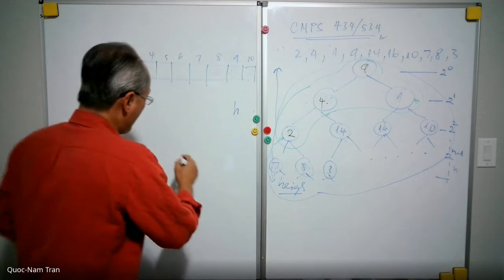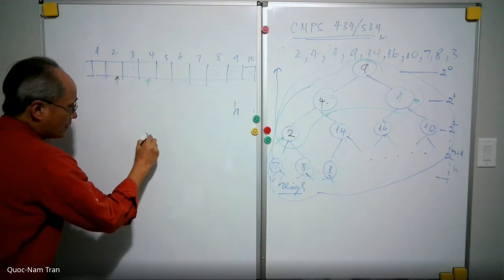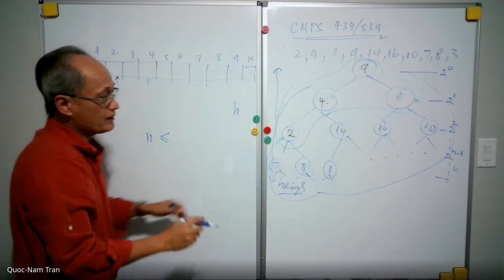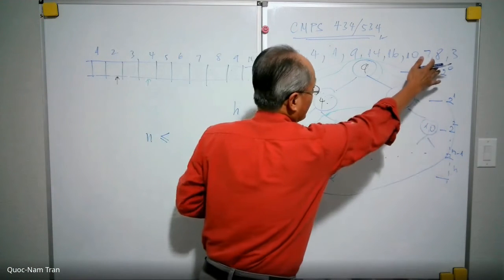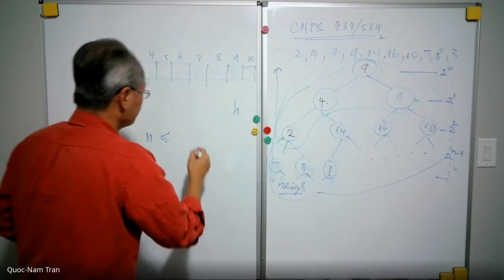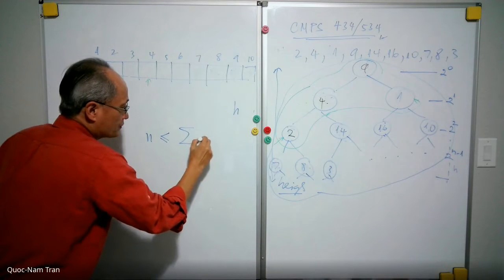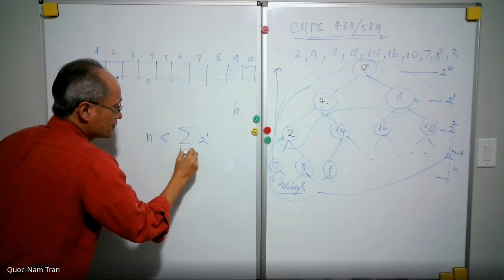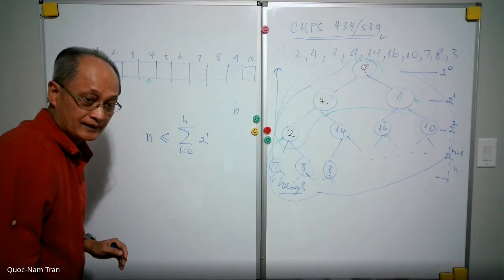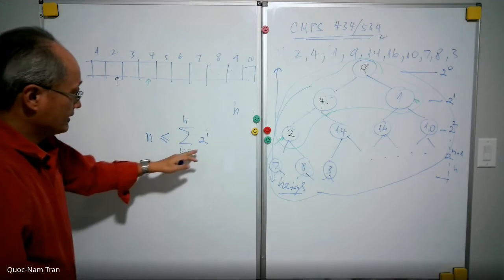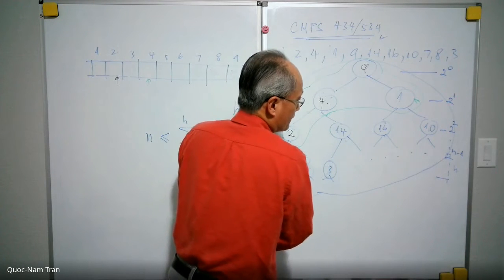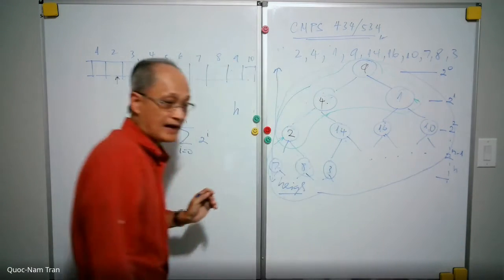So if n is the number of nodes on the tree, then n will be less than or equal to the full tree, meaning every level is full. When do we have that? The sum of 2 to the power i for i from 0 to h. It's the extreme situation when you have all the nodes on the last level.